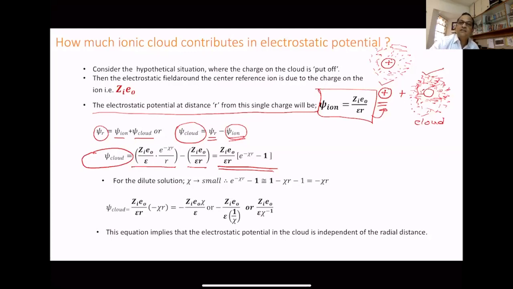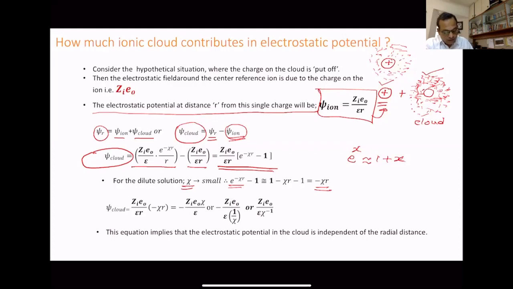Again, I'm going to use the approximation of a super dilute solution. In a dilute solution, my Ni is very small. Ni is basically the number density or concentration, and chi depends upon Ni. So since my number density is small, my chi is small. Since my chi is small, e raised to minus chi r minus 1 is approximately equal to minus chi r. That way I'm using the relationship that e raised to x, if x is small, is approximately 1 plus x.